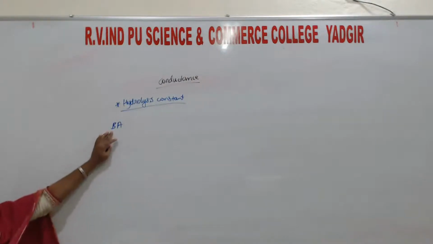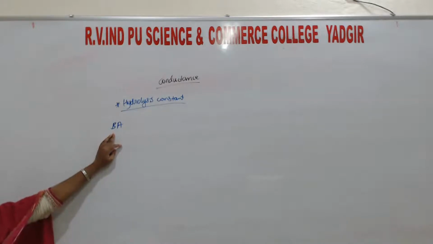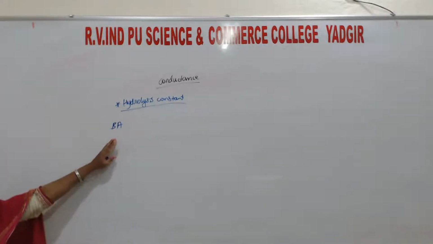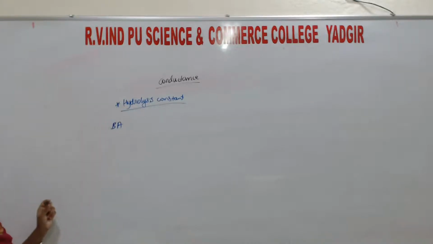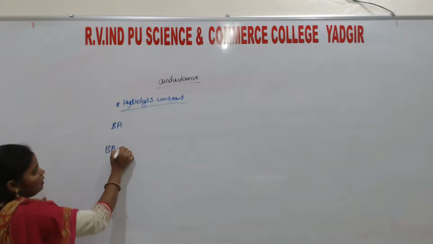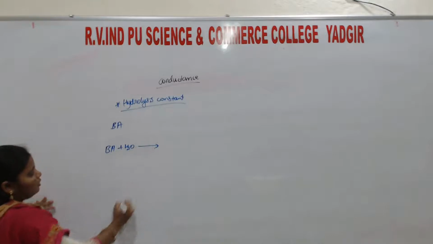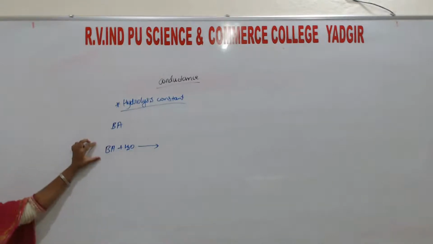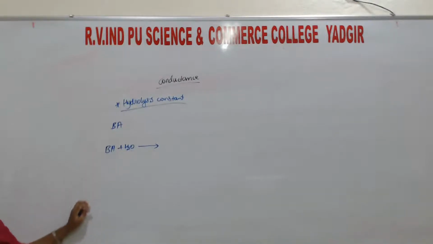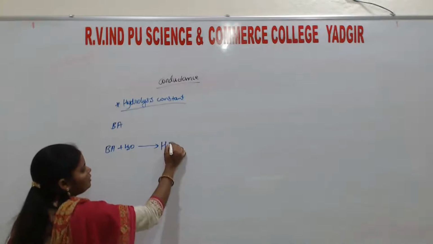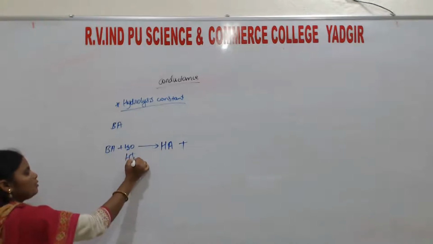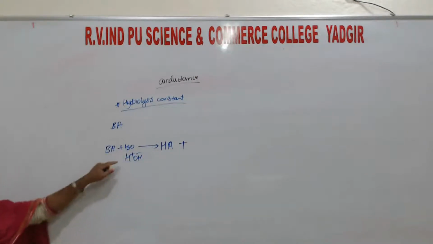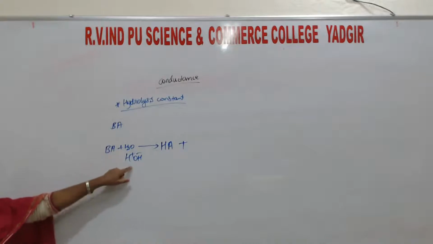The salt is represented as BA, and this BA will hydrolyze: BA plus H2O gives the formation of acid HA plus base BOH.